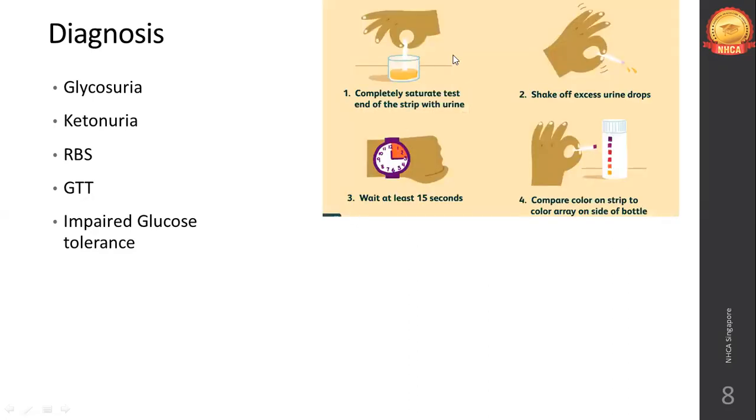This is the ketone test. Dipstick is available. So completely saturate the test end of the strip with the collected urine. Shake off the excess urine and wait for at least 15 seconds. And whatever the color change, you will have a color indication key available.